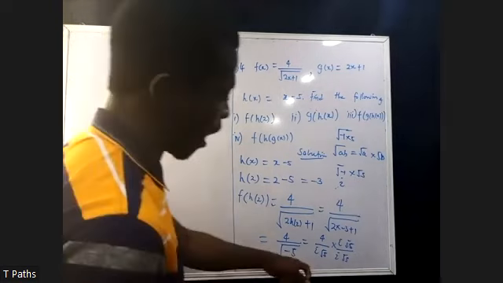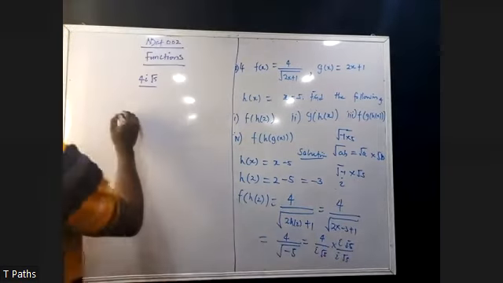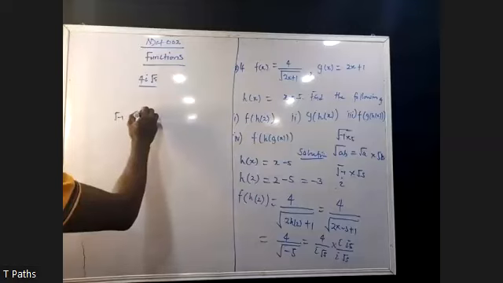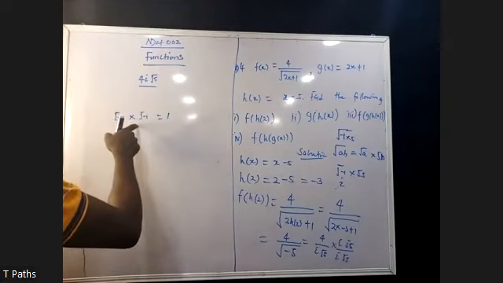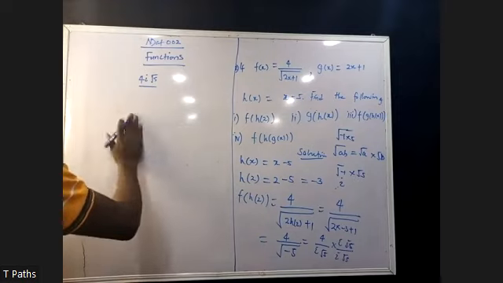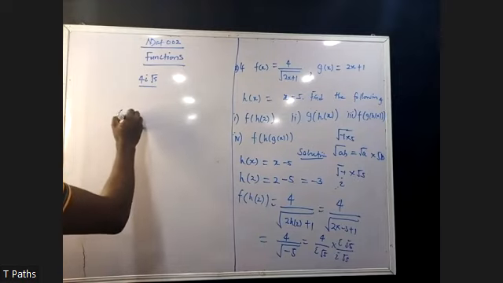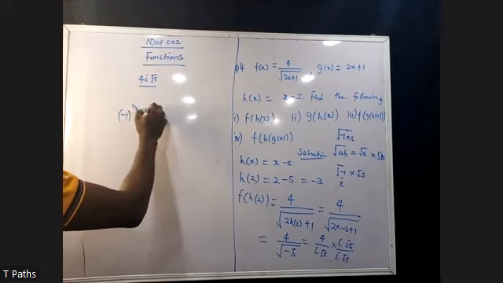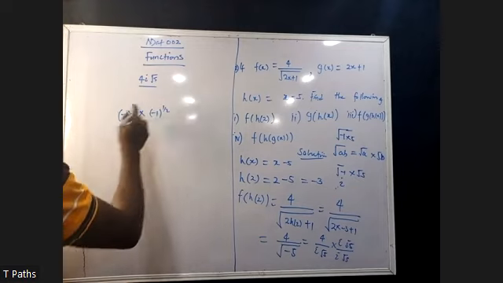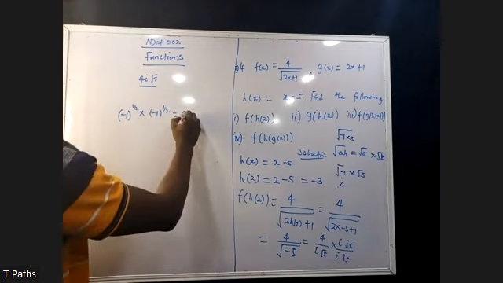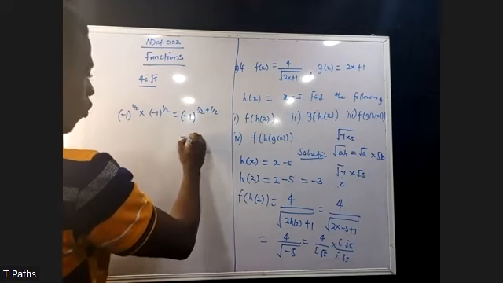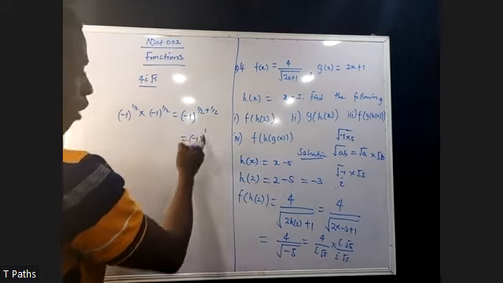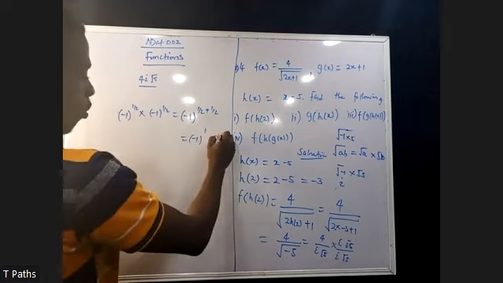And if I have I times I, that is square root of minus 1 times square root of minus 1, and that will give me minus 1. I believe you understand. Square root times square root. Or let's apply the law of indices. If I have minus 1 raised to power 1 over 2 times minus 1 raised to power 1 over 2, by law of indices I add the powers. I have minus 1 raised to power 1 over 2 plus 1 over 2, and that will give me minus 1 raised to power 1. Half plus half will give me 1. That is minus 1.